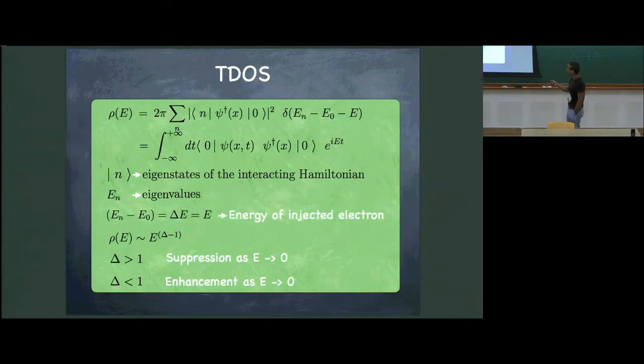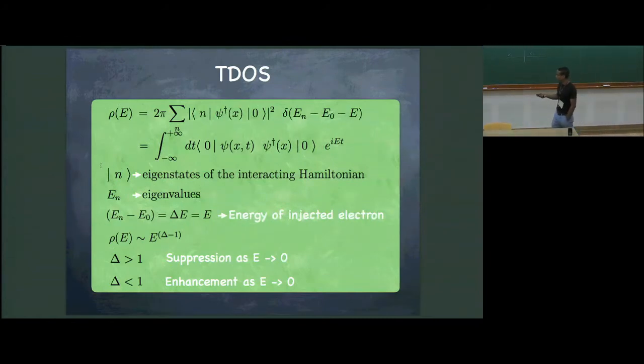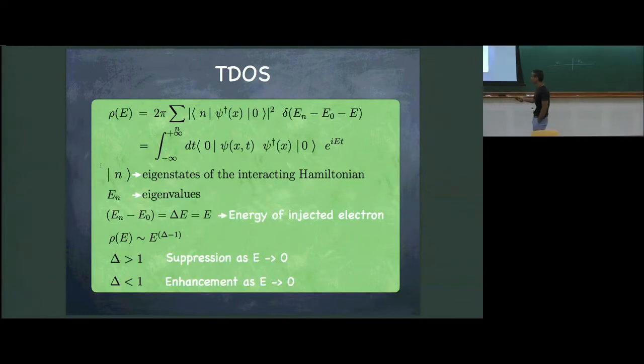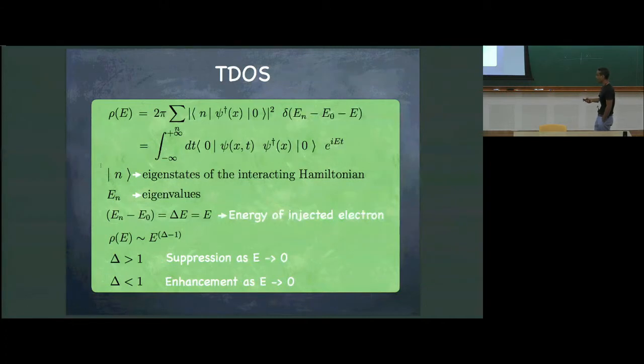So the usual physics is that for Luttinger liquids, because the electron is not a good quasi-particle, this overlap will simply go to 0 at 0 energy. If something else happens, that is what is interesting. So if you just calculate this correlation function, you can write rho of E as E to the power delta minus 1, where delta depends on the filling fraction, the Luttinger parameters, interactions, etc. So essentially what one is looking for is a possibility where delta can be less than 1, which corresponds to enhancement.